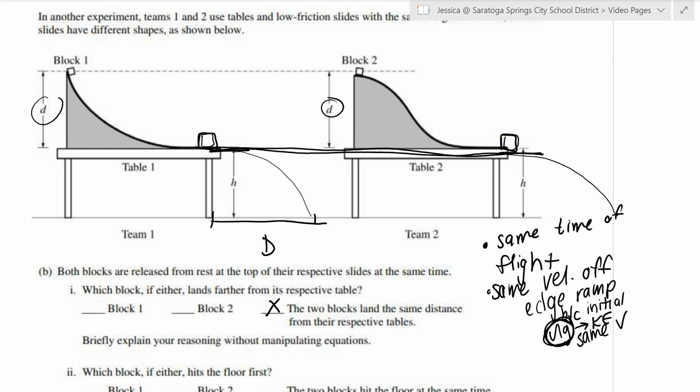A lot of you are probably able to intuitively think, oh, table 1, because it's steeper, right? So table 1 is going to get to the bottom faster. But we need to figure out a way to turn that into physics terms. So we need to think energy conservation, but with energy conservation, remember, it's path independent and there's no time tied into that. So we're not going to use energy conservation.